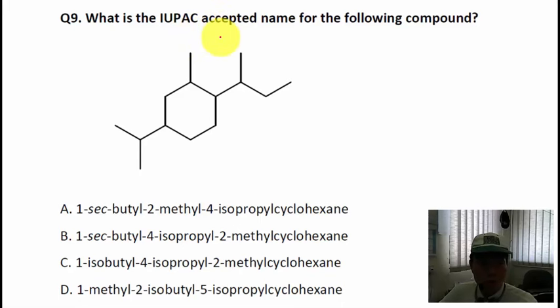Question 9. What is an IUPAC accepted name for the following compound? First up, I just check. We do not count the s, but we count the i in iso. So this is BMI, still unchanged from what I told you about my value the last time in lecture. For option B, it is BIM.